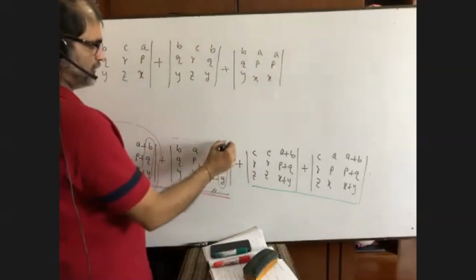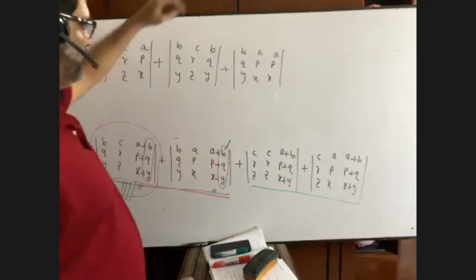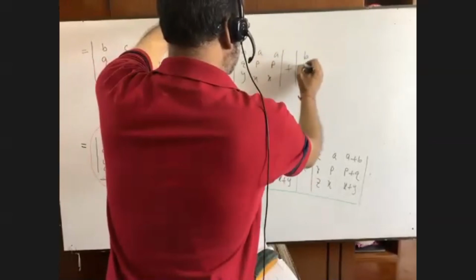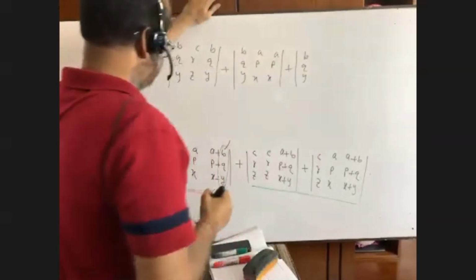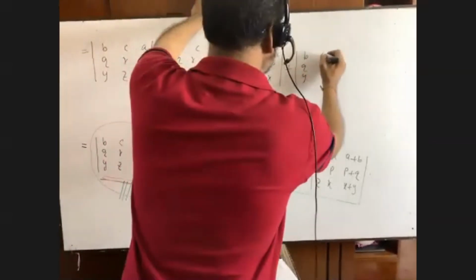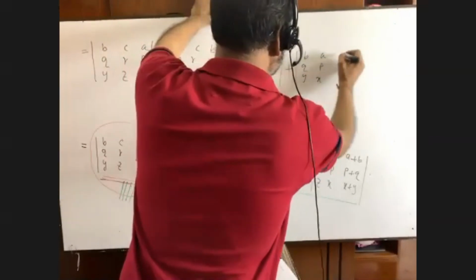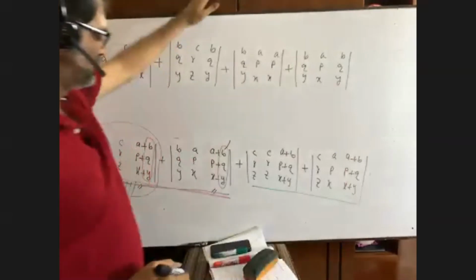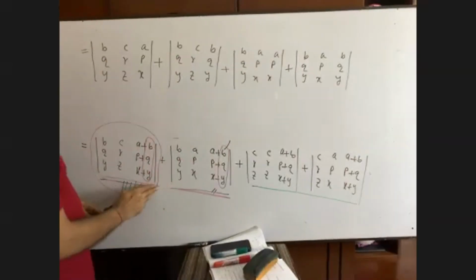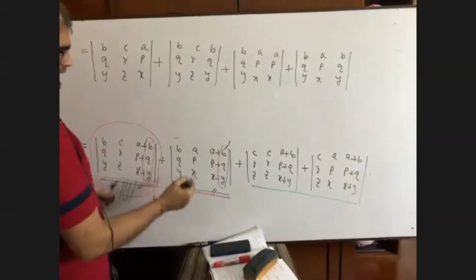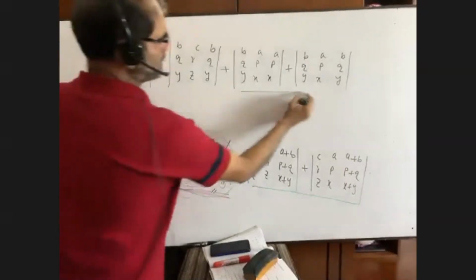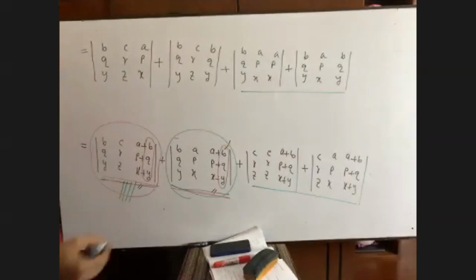Then go for doing this part. BQY, APX, BQY. Actually, I have now done this part only. You see, this part is done now by these two parts.